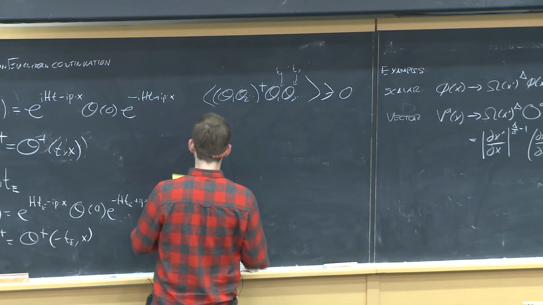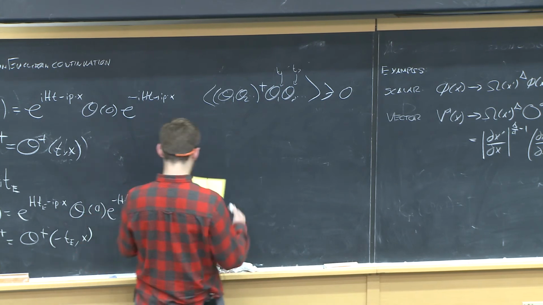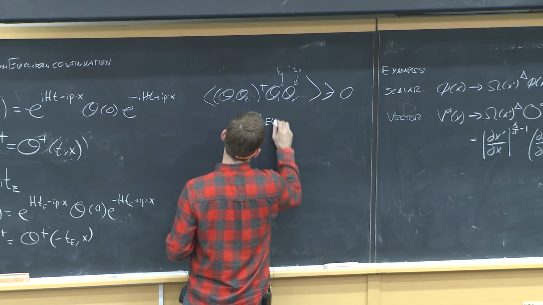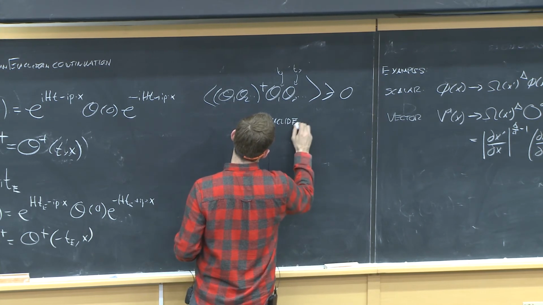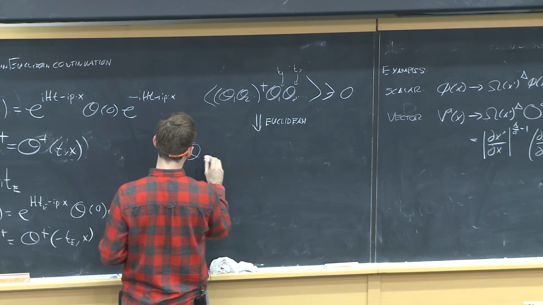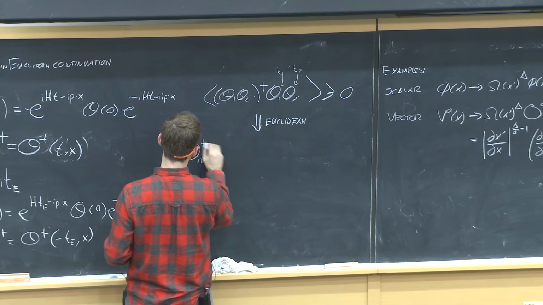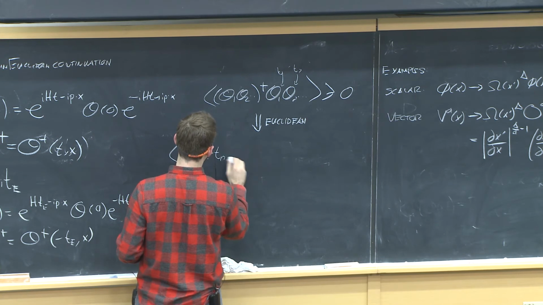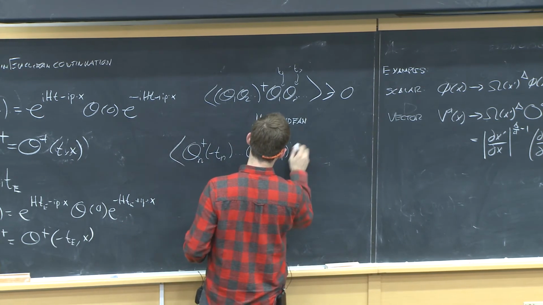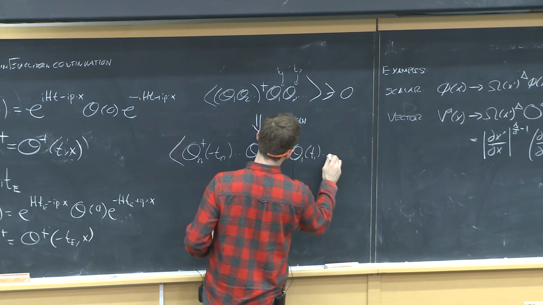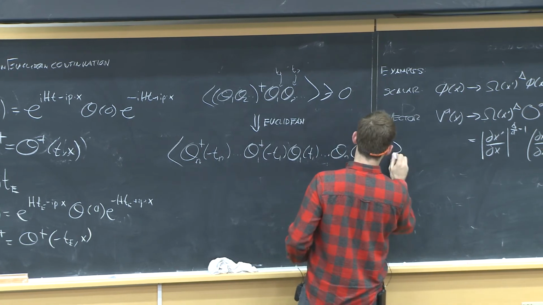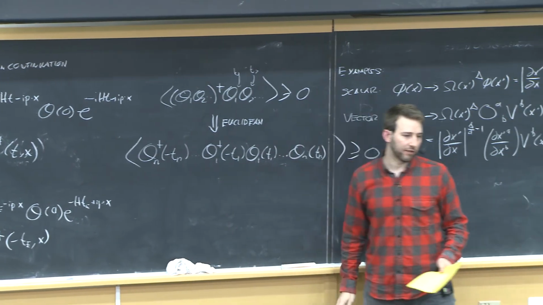And the beautiful thing is that in the Euclidean theory, the consequence is that, let me do it explicitly, O(n) dagger of minus tau n ... O1 dagger of minus tau 1, O1 of tau 1 ... O(n) of tau n is positive semi-definite.